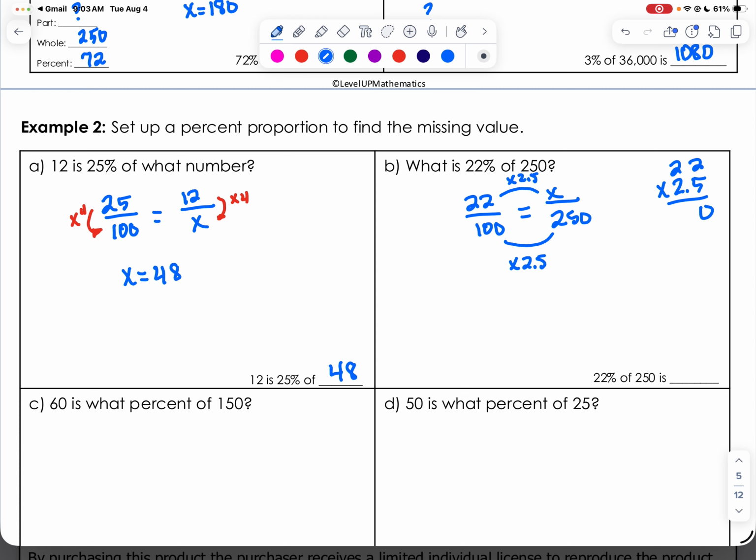So 2 times 5 is 10, carry the 1, 10, 11, add a 0, 2 times 2 is 4, 2 times 2 is 4, add all that up. I had one number after the decimal, so I need to move this decimal in one place. So I'm getting x is equal to 55. So 22% of 250 is 55.